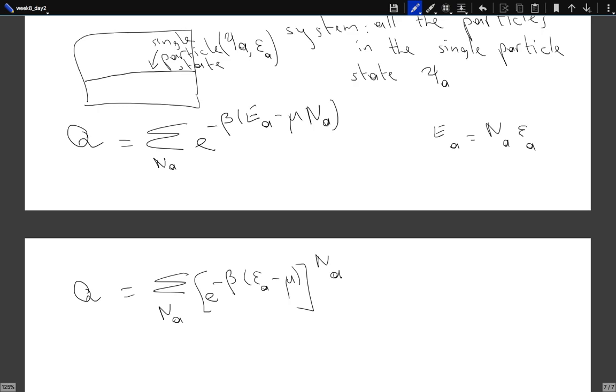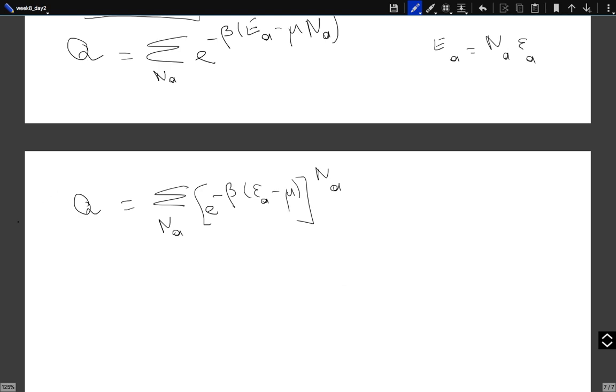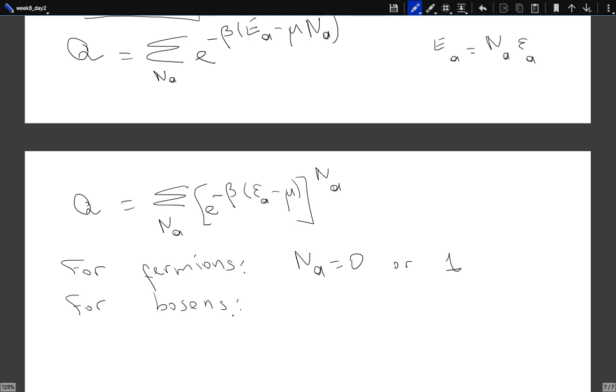Now the next question is, what are the possible values of N_A? How many particles can there be in my single particle state? Well, for fermions, N_A is equal to 0 or 1. Two fermions cannot be in the same state. For bosons, there are practically no restrictions, so N_A can be 0, 1, 2, up to infinity.